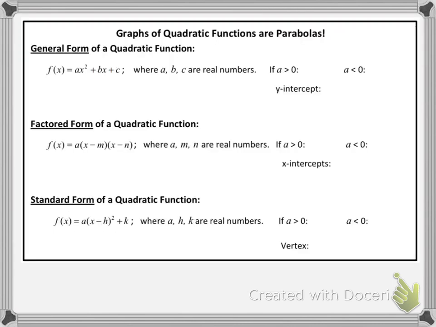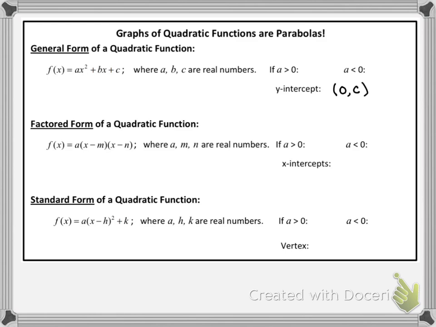Okay. So this was in your video notes, but I just want to make sure that we're all super clear on all the different forms and how we use them, because as we start writing quadratic functions, we have to choose which form is going to be convenient to write it in based on the information that we're given. So when we have general form of a quadratic function, the interesting thing that tells us, without doing any calculations whatsoever, is the y-intercept.